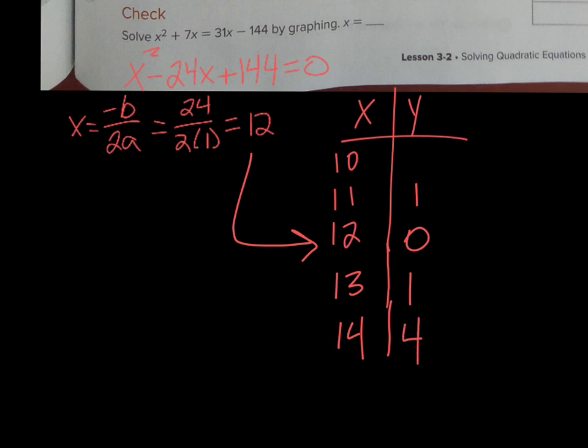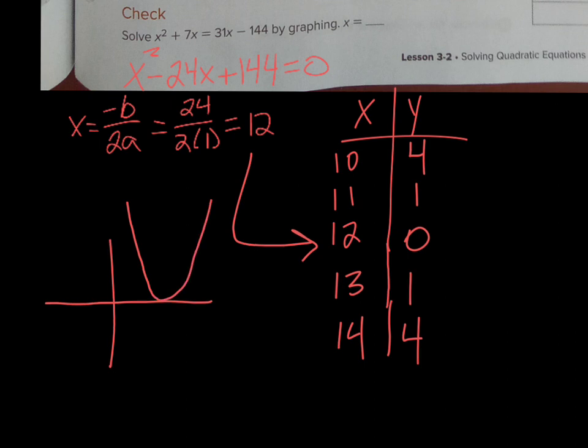And then probably 10 is 4 then also, right? All right, so we are solving this by graphing, so we should probably graph it, right? So then it looks like this. It's hard for me to get super accurate on this. I got graph paper up here for you guys. But it's going to look something like that. Is that okay? All right.